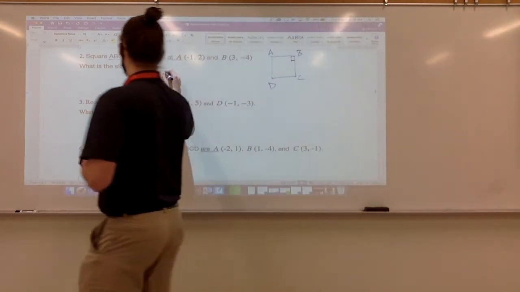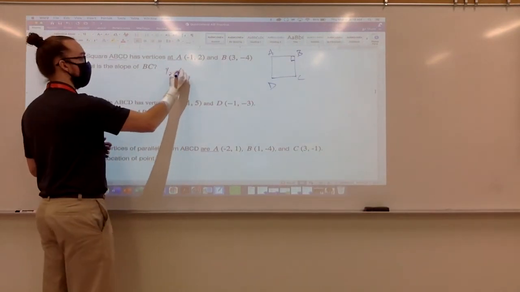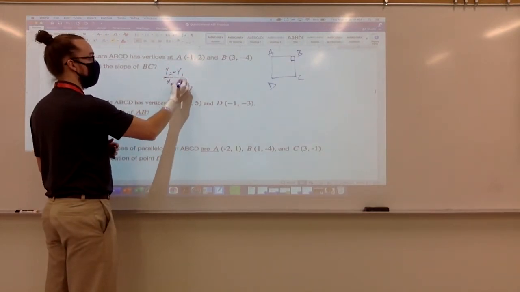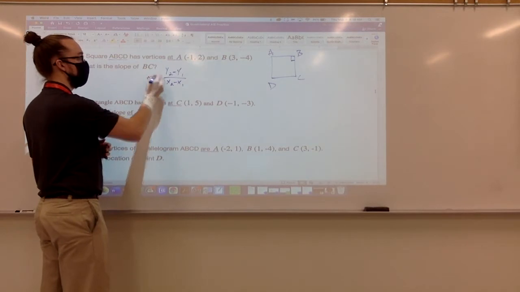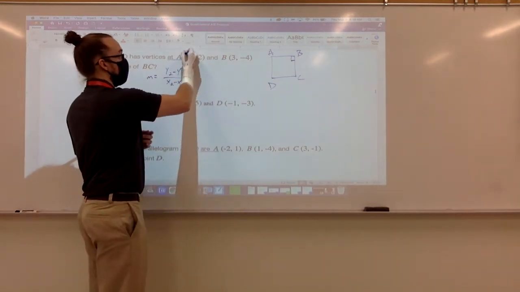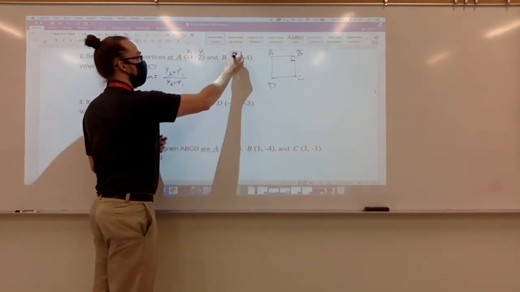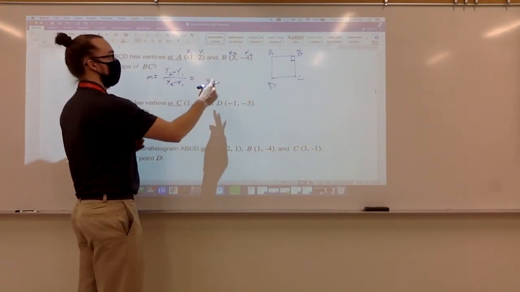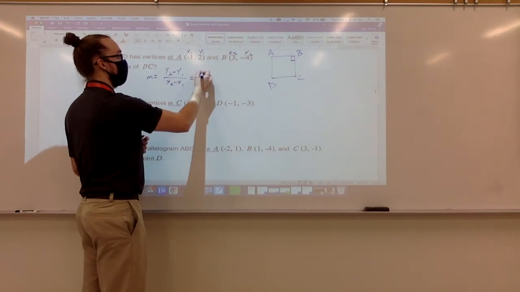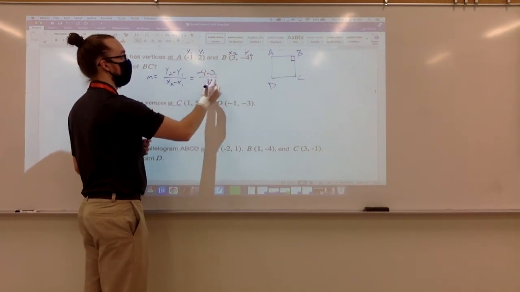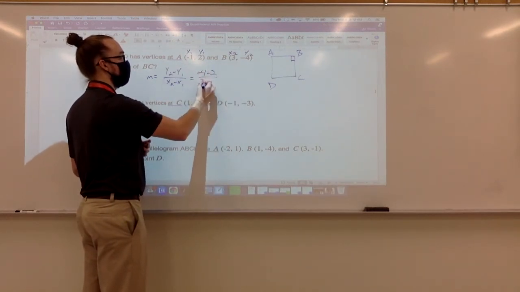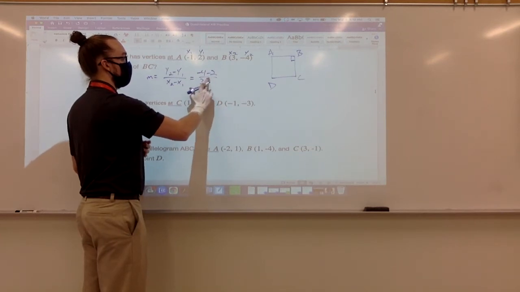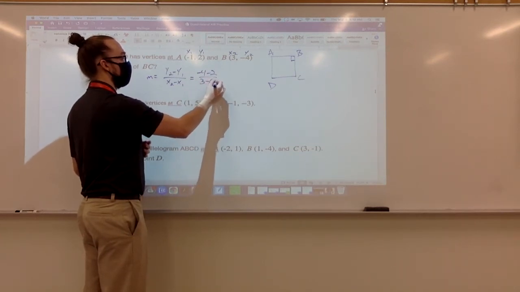So slope we know is y2 minus y1 over x2 minus x1. So my points I can label x1, y1, x2, y2, and plug them in. So y2 minus y1 will be negative 4 minus 2 over x2 minus x1, 3 minus negative 1.